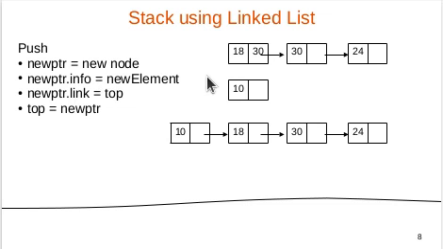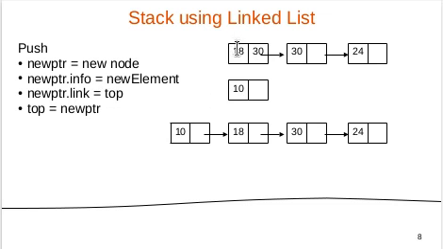This means this address will be top. Again, when we want to add one item, we have to insert in this position. Otherwise, if there are 3 elements, this is not 30, this is the address of this 30. So here we first define a new element, then insert the element in the node's info part, and the link part will be top.